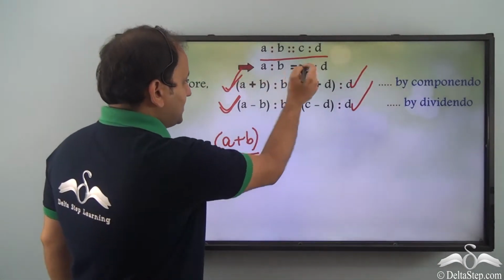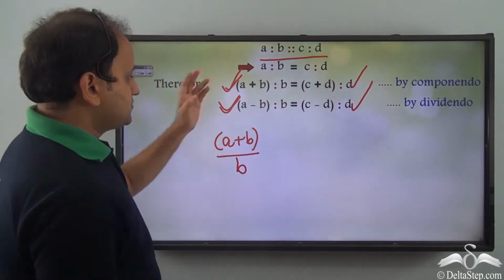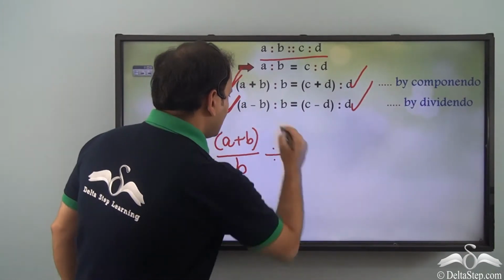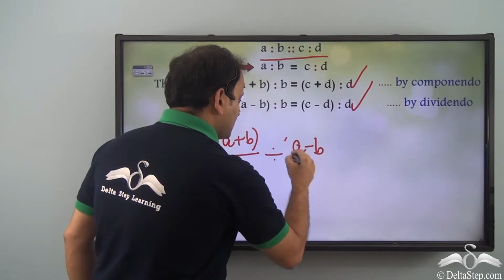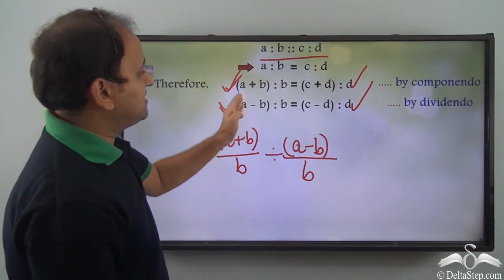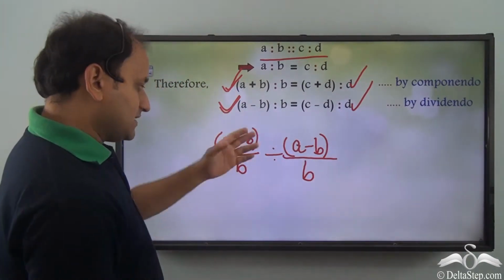So, A plus B is to B will be divided by A minus B is to B. So, A minus B is to B can be written as A minus B by B.